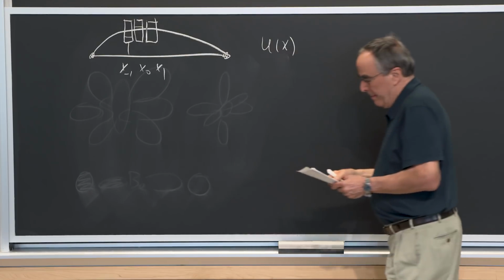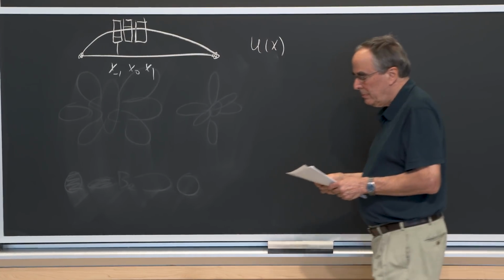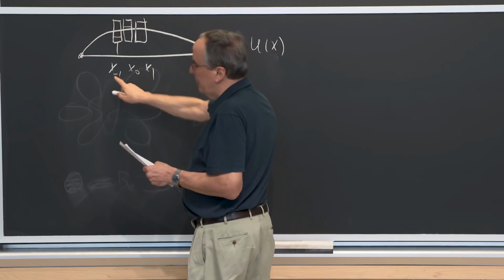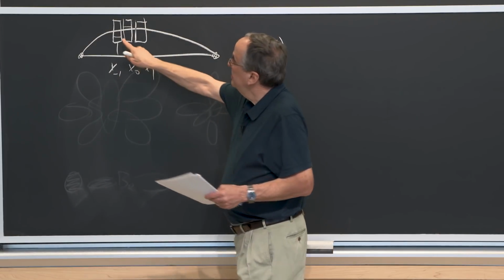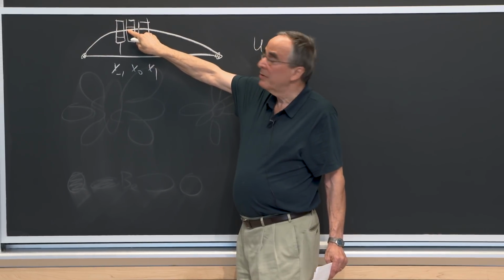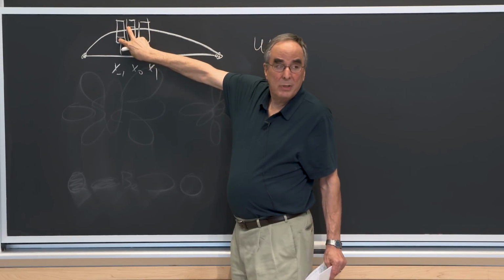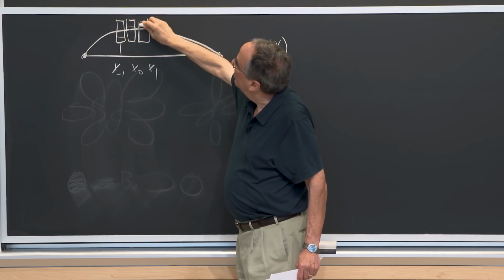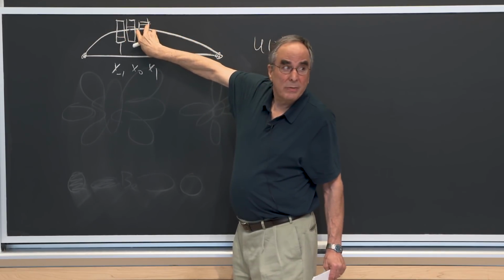And so the first segment here, the -1 segment, this segment is pulling down on this segment of the string by this amount. And this one is pulling up on the segment by that amount.